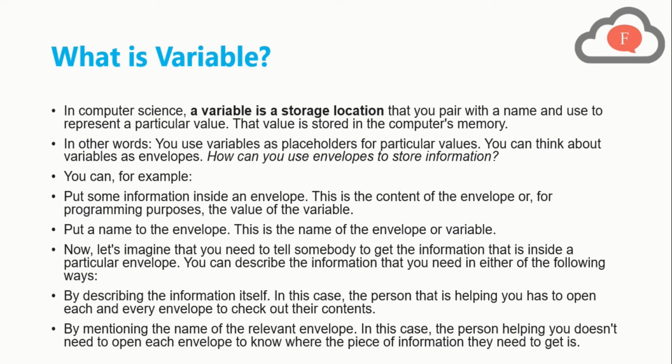So there are two ways through which you can fetch information from an envelope. That means you can fetch information from a variable. Either you describe the information, or you mention the name of the relevant envelope. So this is actually the variable that we execute in Excel. Now let's move forward into Excel and we'll show you how to create and execute the code for a variable in VBA.